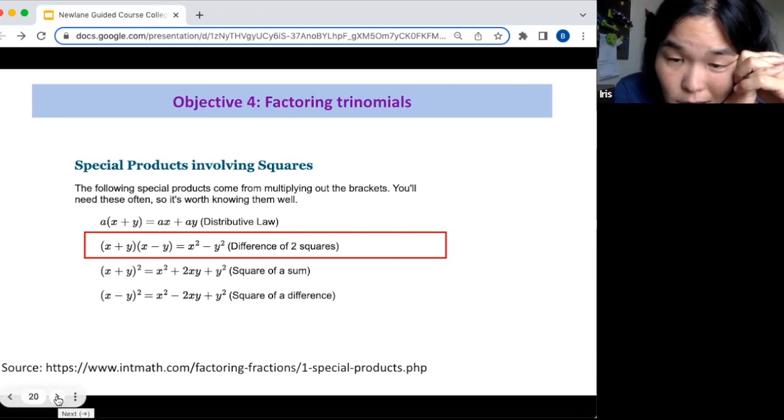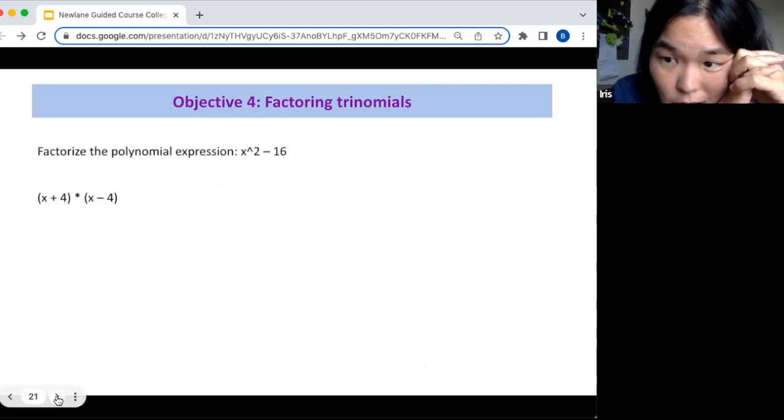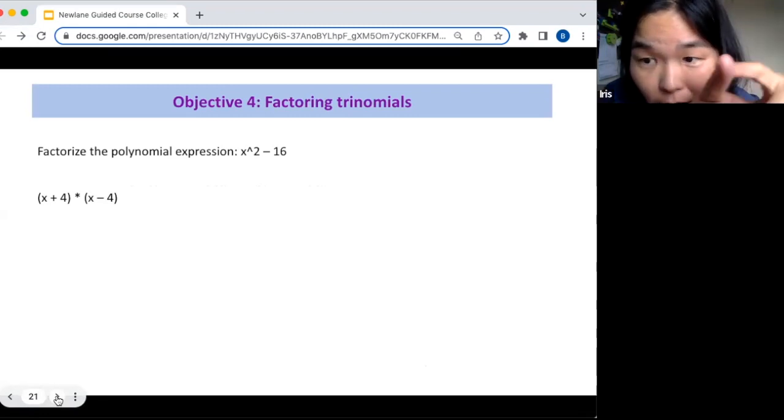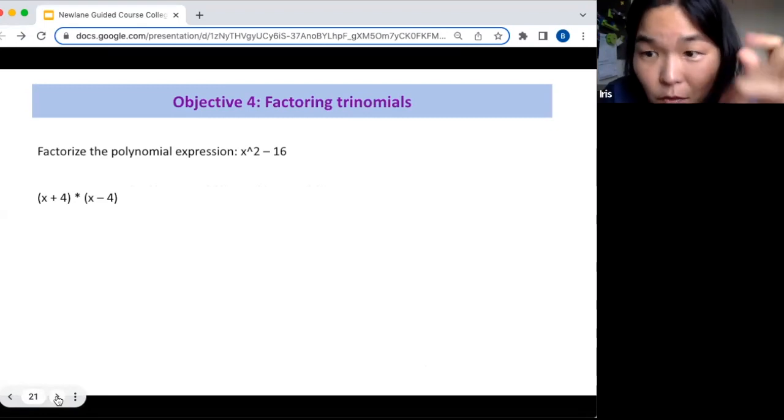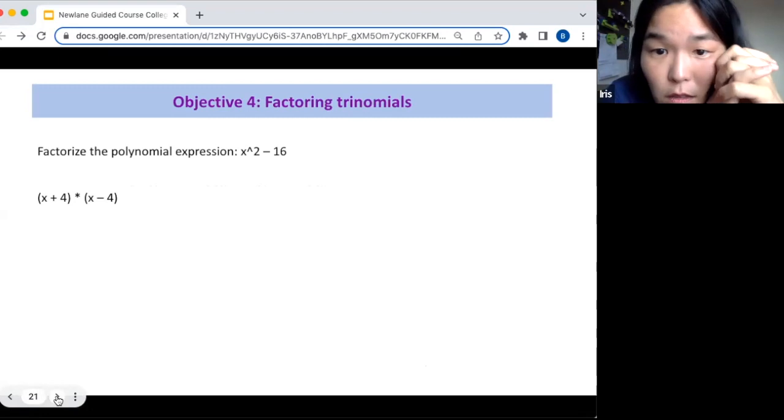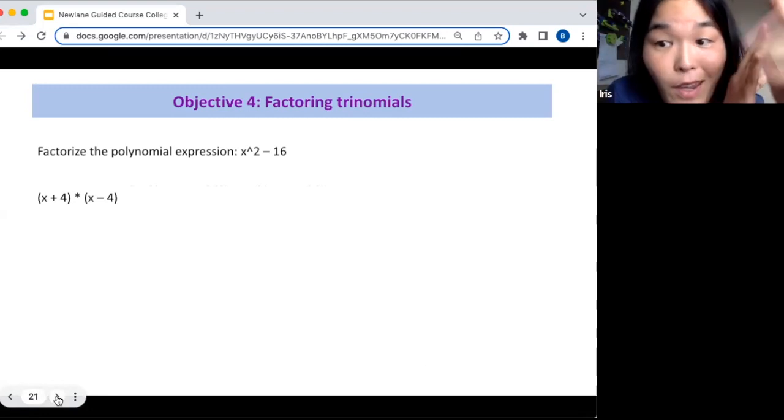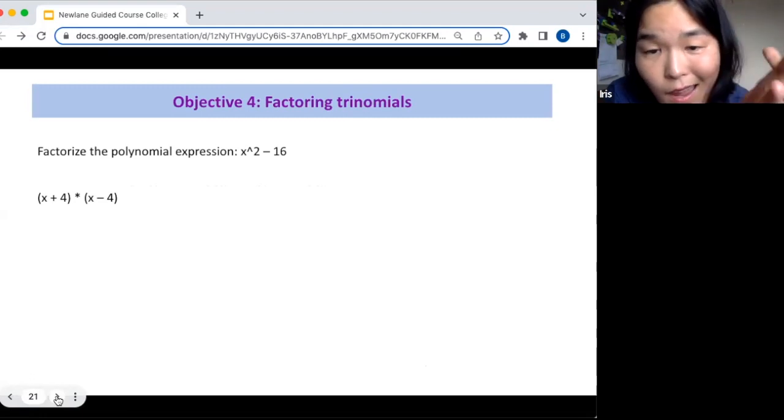So x squared minus 16 is x plus 4 times x minus 4. If you wonder why, get pen and paper and multiply x plus 4 with x minus 4 out and see what you get. Stuff gets canceled out, and in the end you have x squared minus 16.